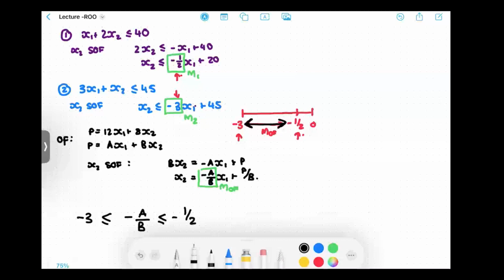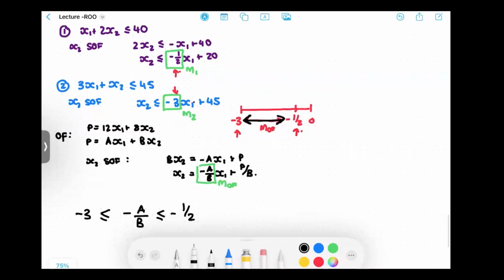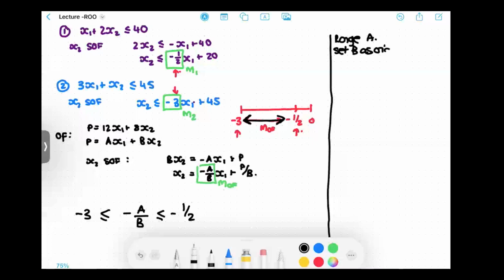So if we want to work out the range for A, I'm going to try and fit it in here so you can see the whole screen. The range for A, we set B as the original value. So in our case here, B is 8.